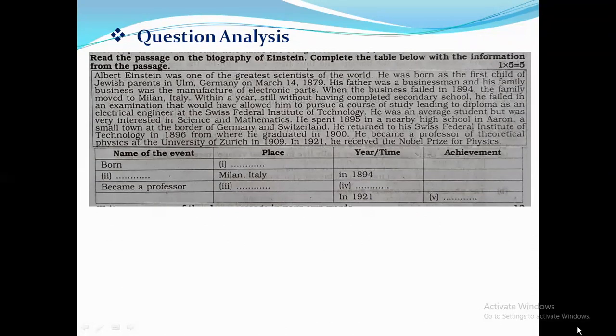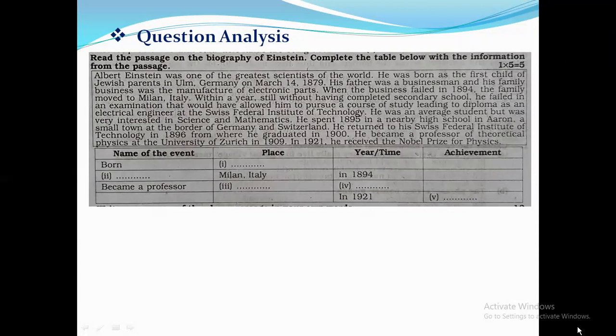He returned to the Swiss Federal Institute of Technology in 1896, underline it, from where he graduated in 1900, underline it. He became a professor of theoretical physics, underline it, at the University of Zurich, underline it, in 1909, underline.